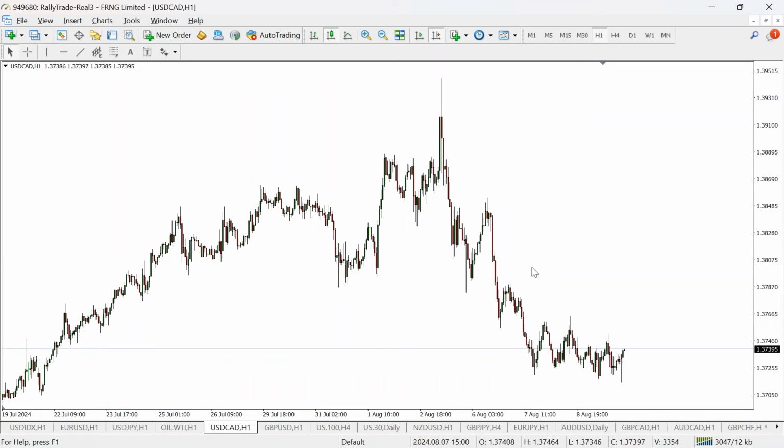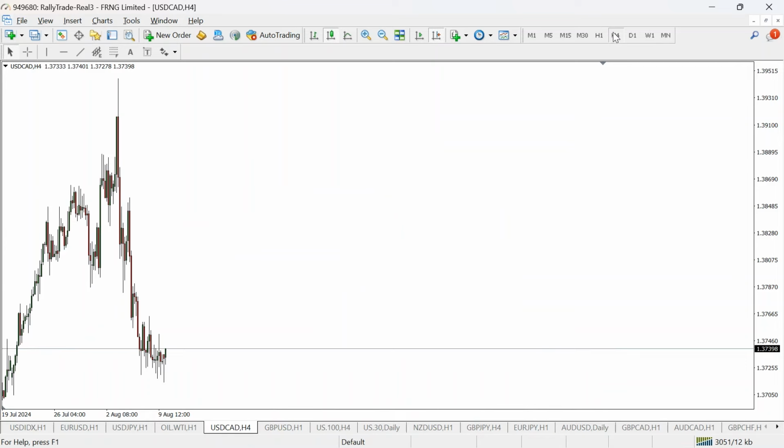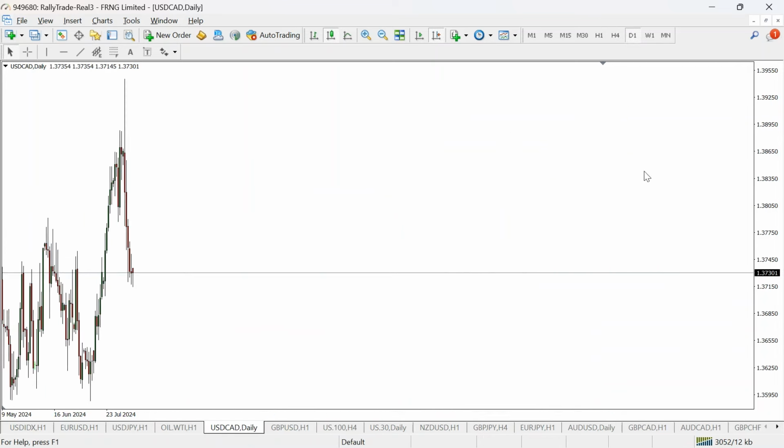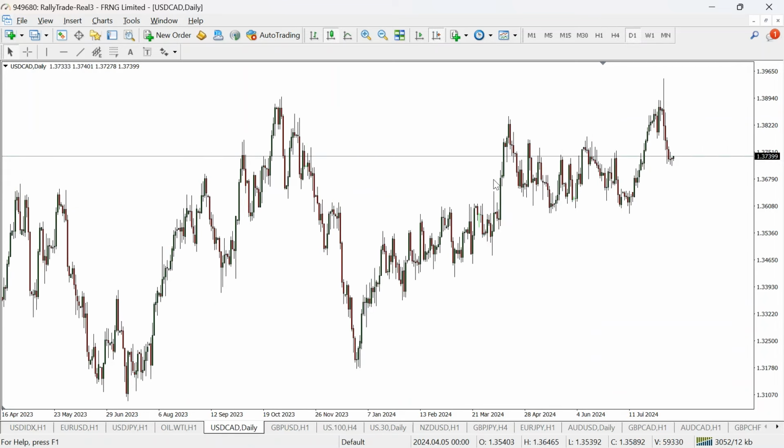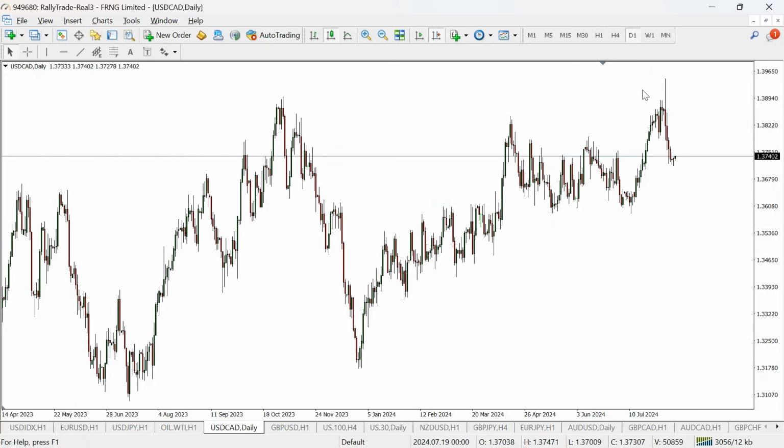The 2 time frames ahead in this scenario are my 4 hours and also my daily time frame. So if I execute my trade on the 1 hour time frame, I want to analyze on the 4 hours and also on the daily time frame.